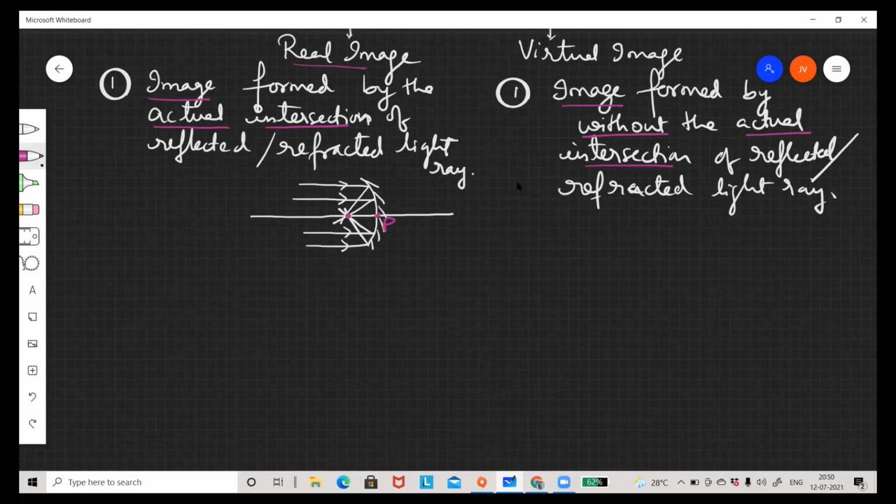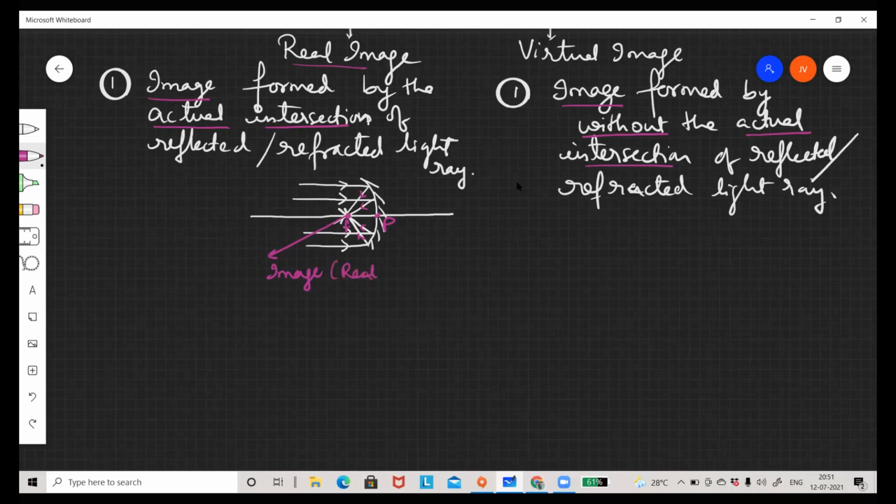This point where all the reflected light rays intersect is the location where the image is formed. This image is formed by actual intersection of reflected light rays, so this image is a real image.